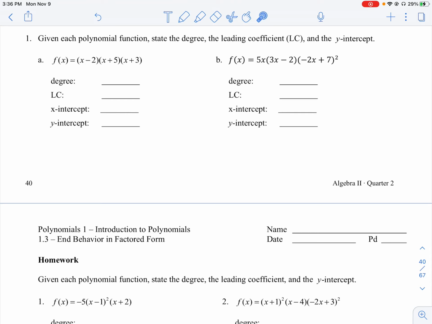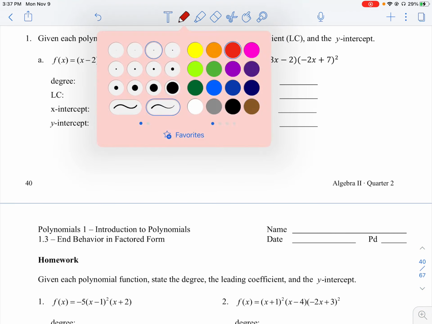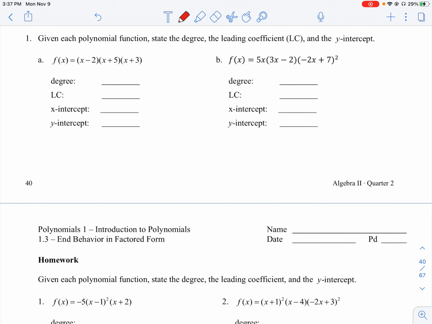Given each polynomial function, state the degree, the leading coefficient, the y-intercept, and let's add something, the x-intercept also. Okay, let's start. Because this is in factored form, we need to extract all the x terms, right? Because that's where I'm going to get my leading coefficient and my degree.